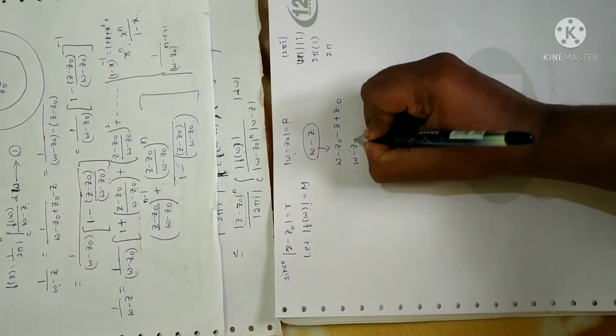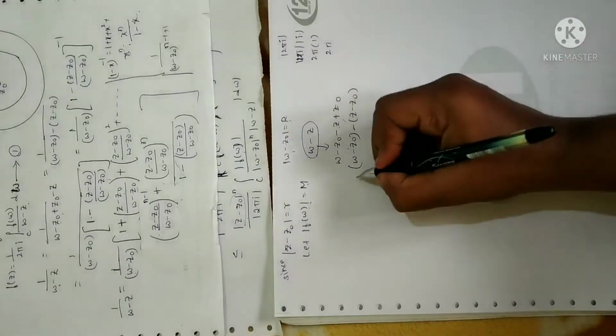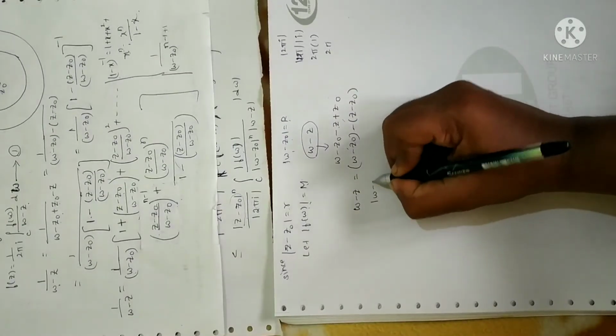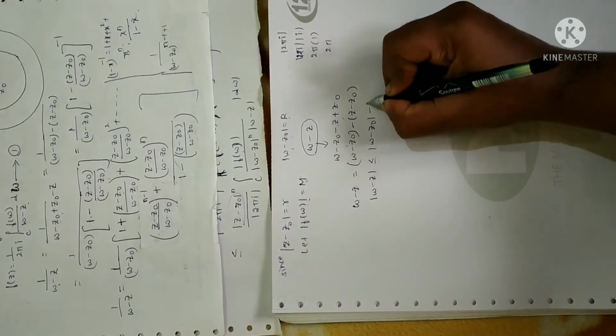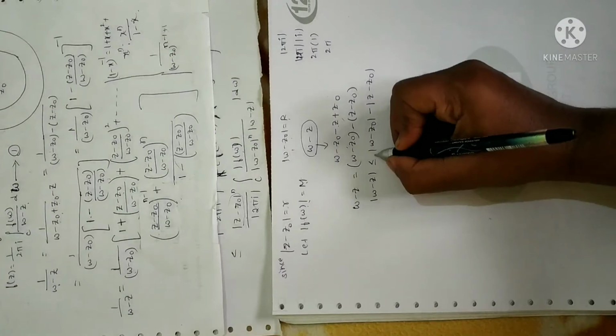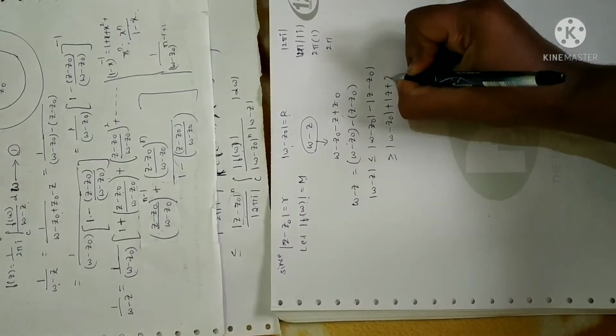Now I am going to take minus as a common term, so you will get this. What I have done is arrange w minus z in this form. Let me take the magnitude on both sides, so that I can write the magnitude of (w minus z naught) minus (z minus z naught). Now see, if you are changing the sign here, you have to change the inequality. So I'll just write this as plus the magnitude of (z minus z naught).